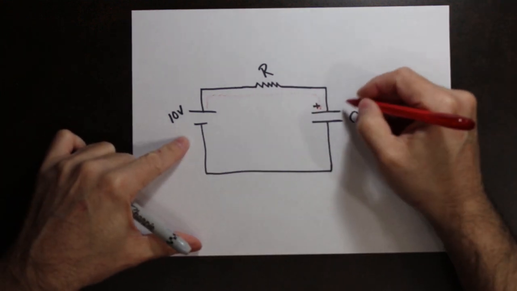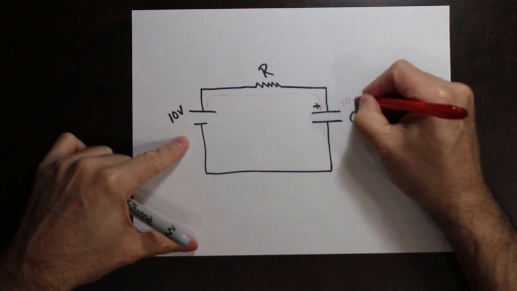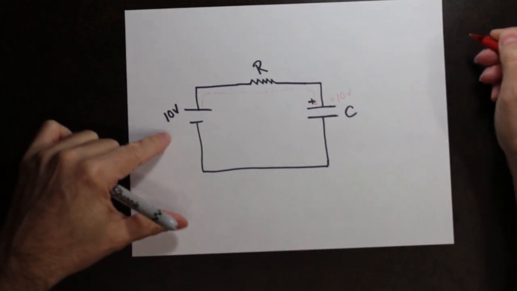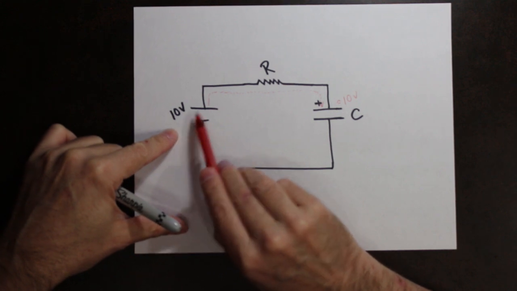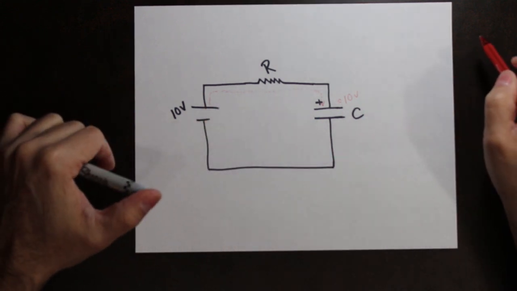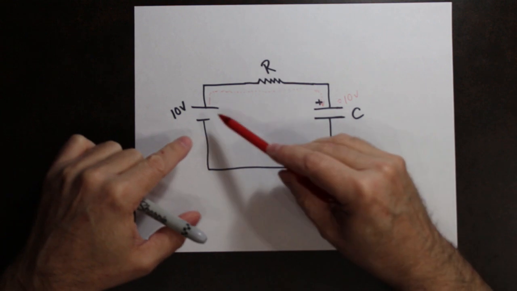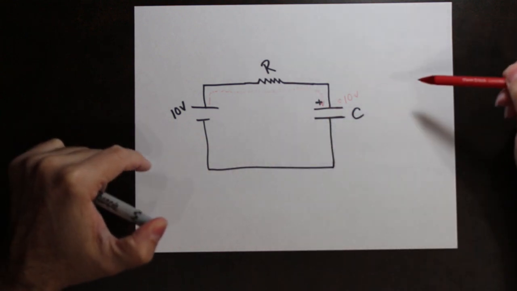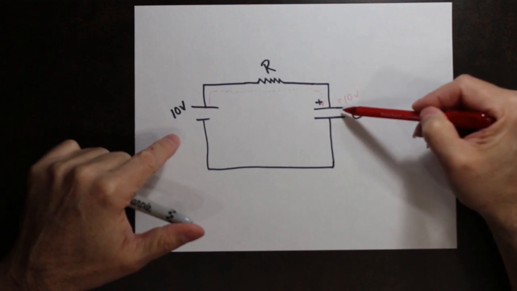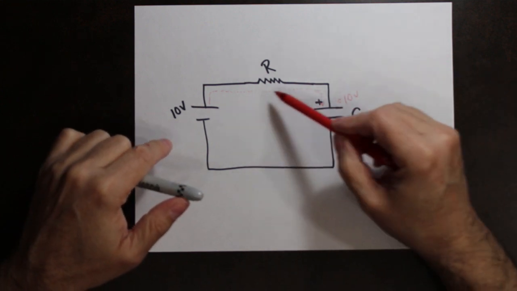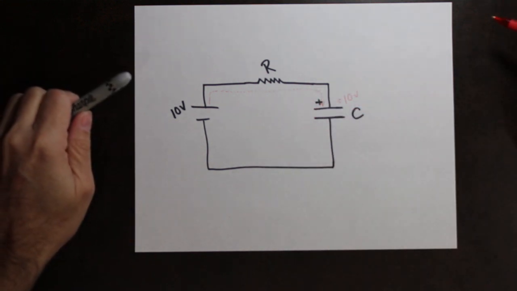Once the capacitor charges to approximately 10 volts, which is what this value is here, the current stops flowing. So once the capacitor charges all the way up, and this side equals this side, then there is no more current flowing.